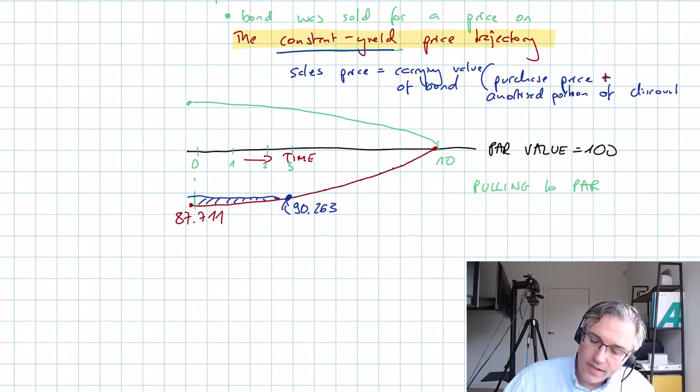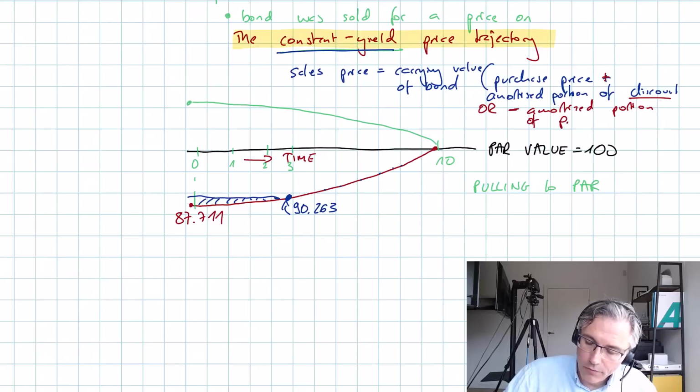So that's the case in the case of a discount, or in the case of a premium, we would simply subtract the amortized portion of the relevant premium, if the bond were bought or acquired for a premium.